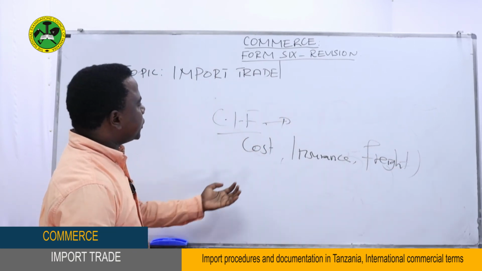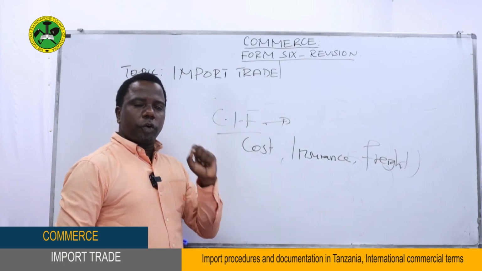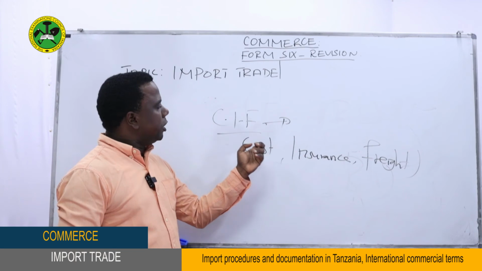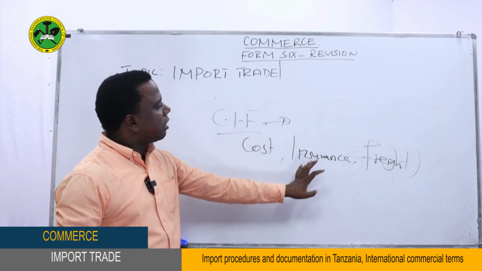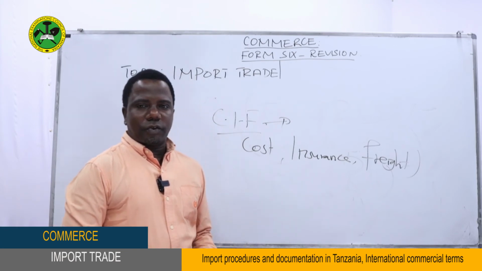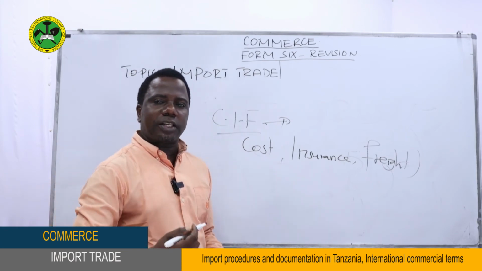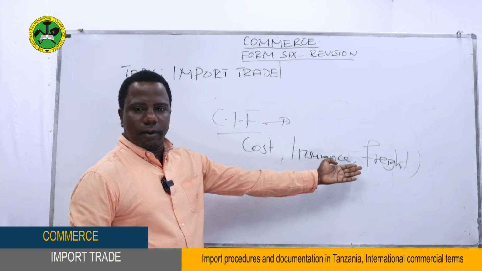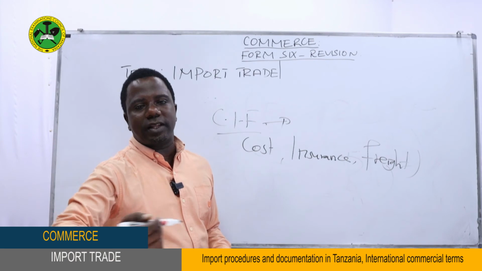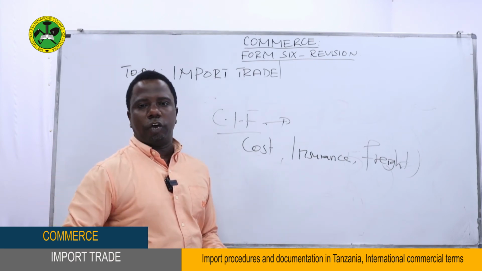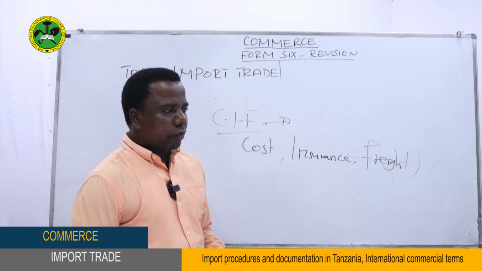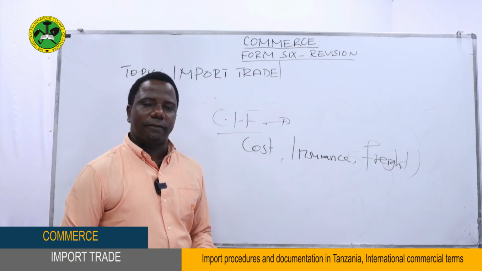So under this one, an exporter should cover all the costs, carriage costs, loading costs, but also cover the insurance and the freight charges. So it means an importer will start paying after goods reach the port of destination. The importer should incur those other costs once goods have reached the port of destination.